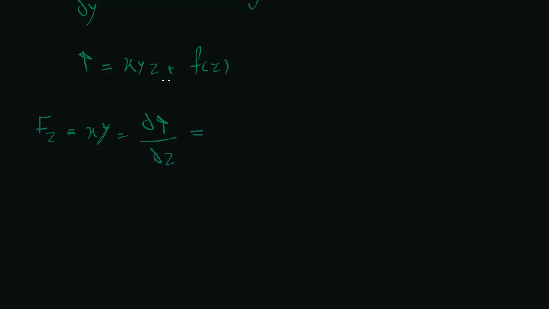So xy is equal to the derivative of this with respect to z. This would be xy plus df over dz. So here again, xy cancels out with xy, and we have df over dz is equal to 0.